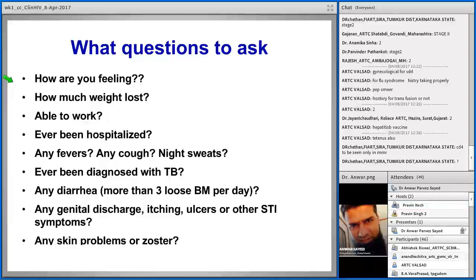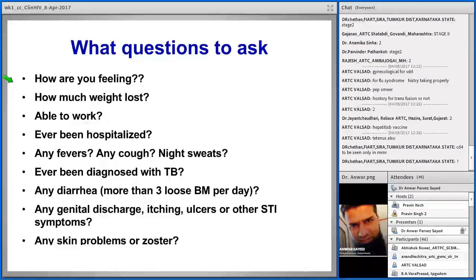Then weight loss. Patients might not be in a position to tell you the exact weight loss because most of them do not know. So you can ask indirect questions about clothes becoming loose and all those things, or you can see photographs of before and now. All those things can be helpful. Are you able to work?